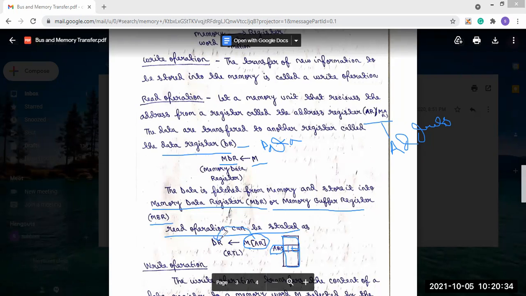So the read operation basically works like this: in the memory, a particular location, that is the address, will be held by the address register, and the data that is stored there will go where? The data will go to the data register.